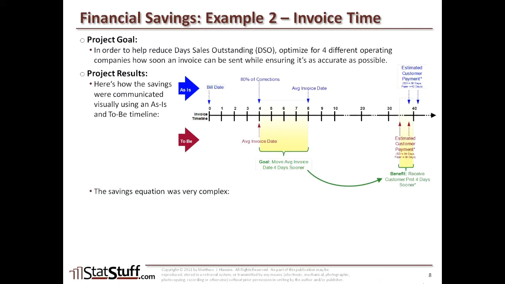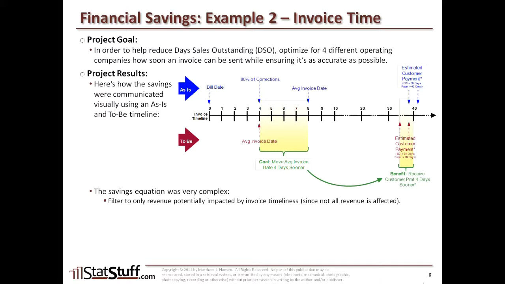The savings equation itself was extremely complex because we're dealing with 4 different operating companies and lots of variables that I wouldn't have time to illustrate here. We had to filter down to find only the revenue that would potentially be impacted by the invoice timeliness, because different organizations and different types of revenue were affected in different ways.